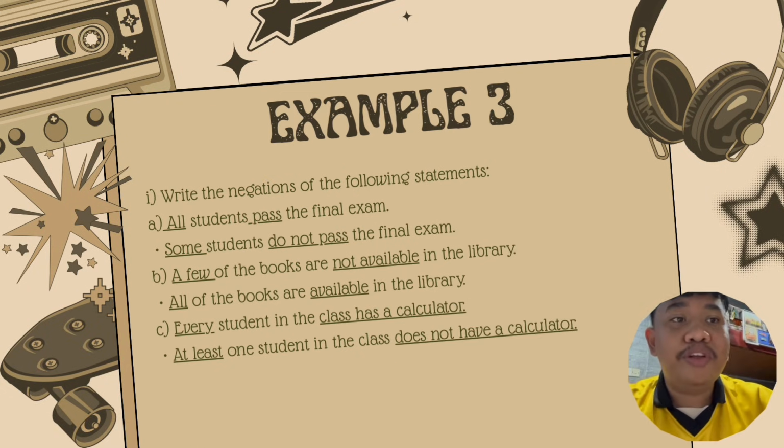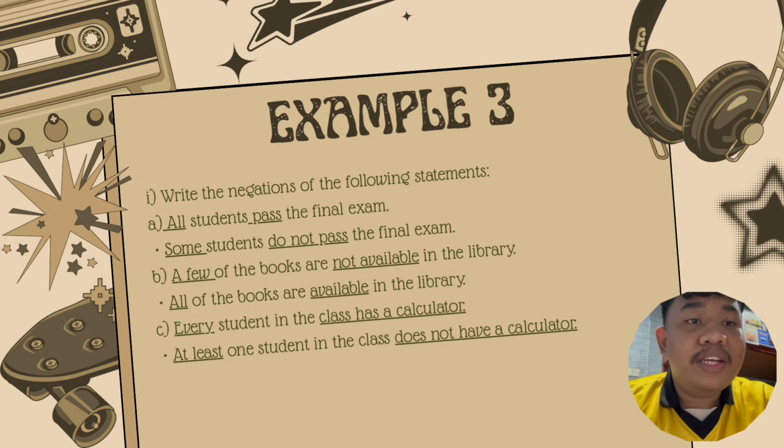Now let's move on to example 3. For the first question, write the negation of the following statements. First, all students pass the final exam. The answer will be some students do not pass the final exam. We just change all to some and pass to do not pass. Next, a few of the books are not available in the library.